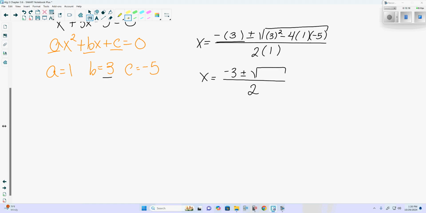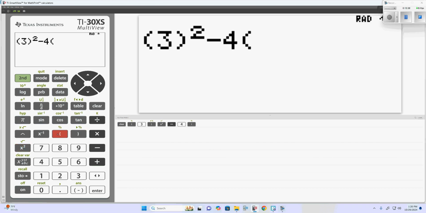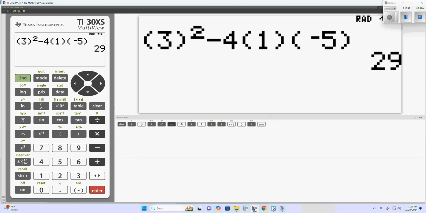The next step, there are 2 ways we can go about doing it. One is we can do all this by hand: 3 squared minus 4 times 1 times negative 5. The other way is we can take the TI-30XS and do 3 squared minus 4 times 1 times negative 5. Type everything that's inside the radical into the TI-30XS.